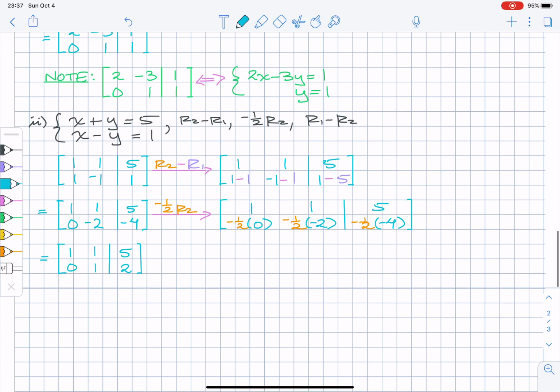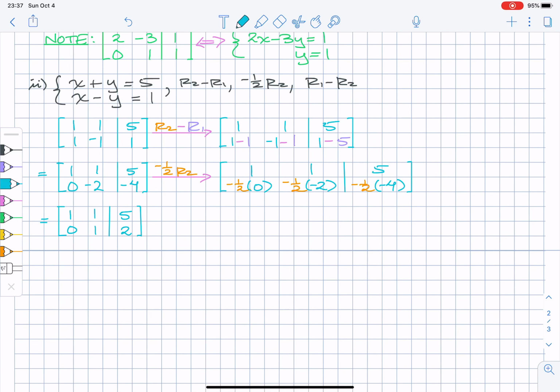So now we want to do row 1 minus row 2. So now row 1 is changing, row 2 will stay the same.